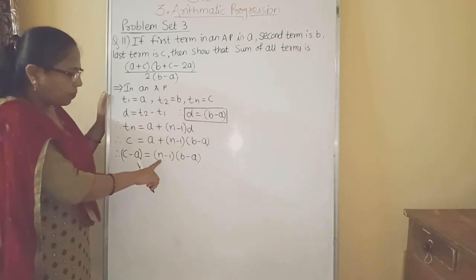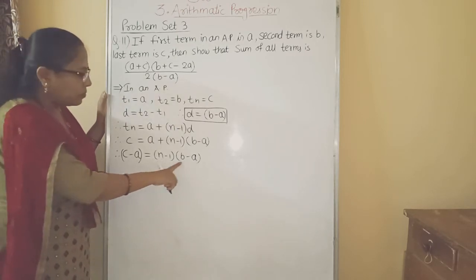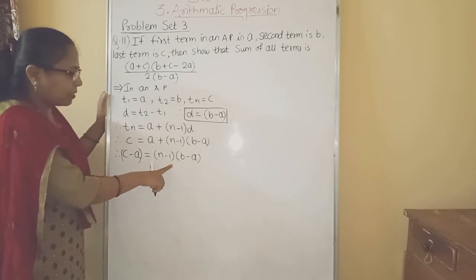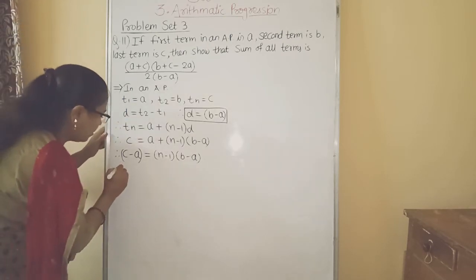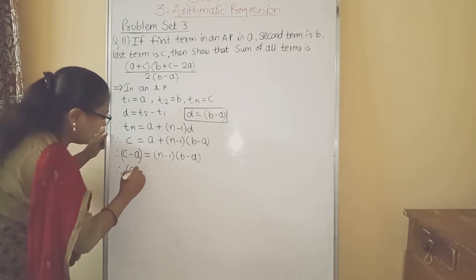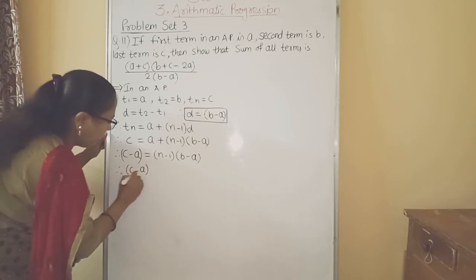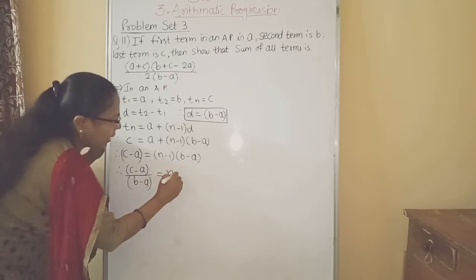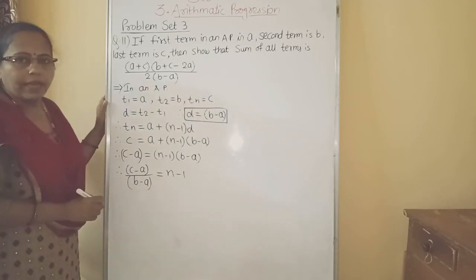Now we want to find n. So what we will do? We will take this first bracket on this side. It is multiplied here, so here we will get (C minus A) upon (B minus A) is equal to n minus 1.